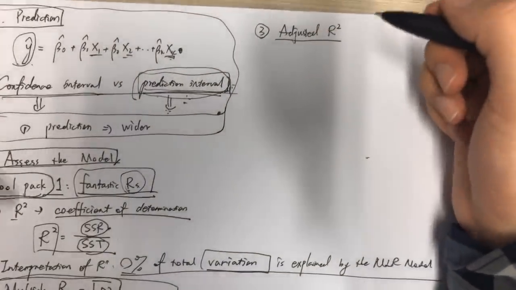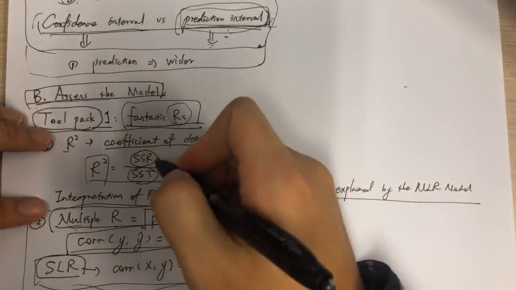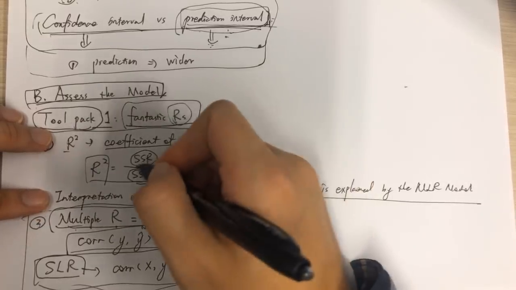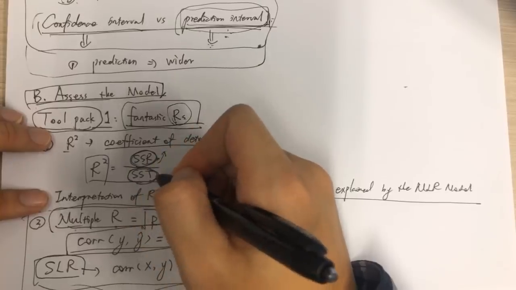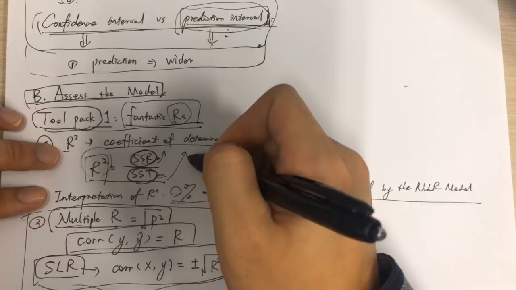Well, a common problem in R square is that whenever you add in more independent variables, the SSR will always increase, and if SST remains unchanged, the R square will always increase.